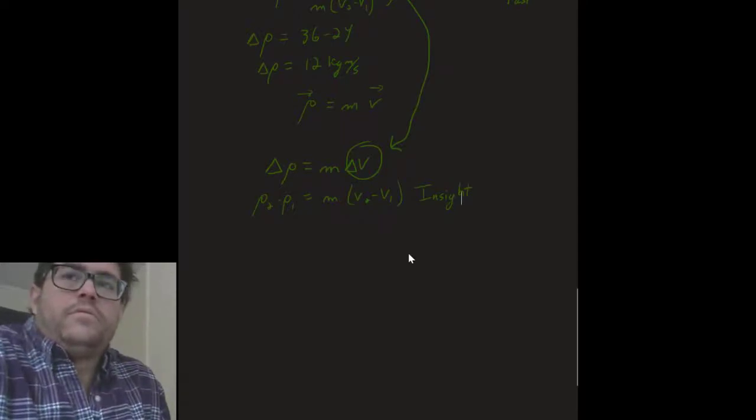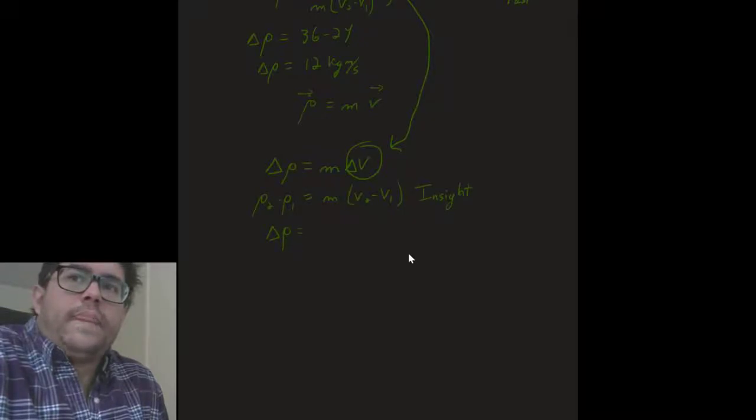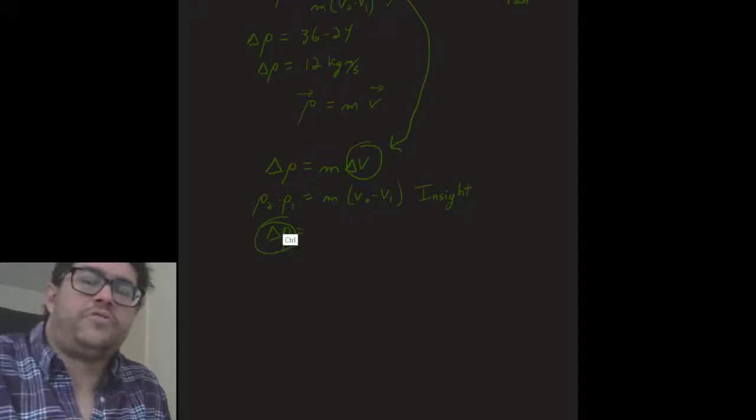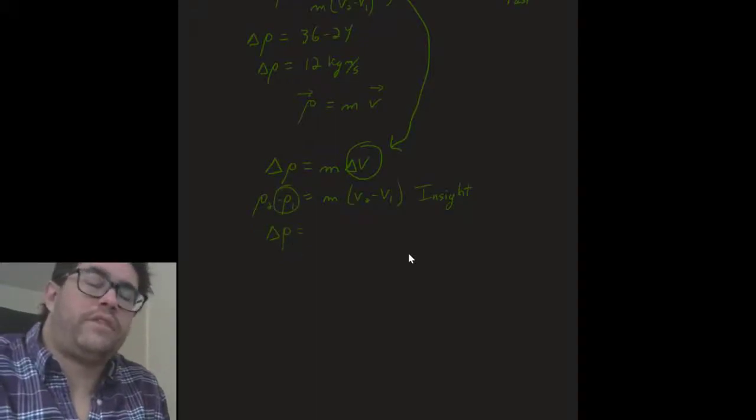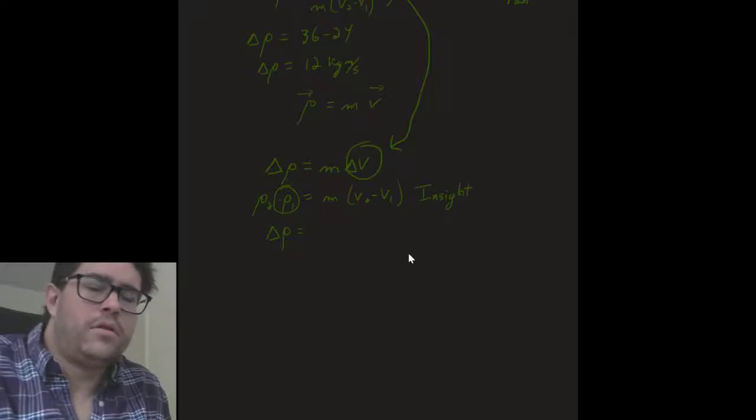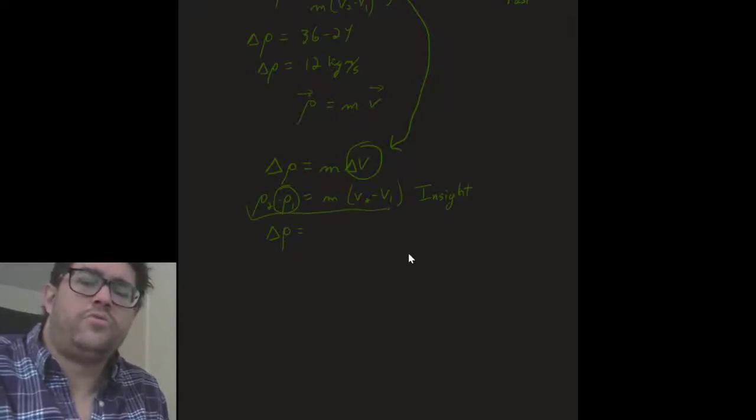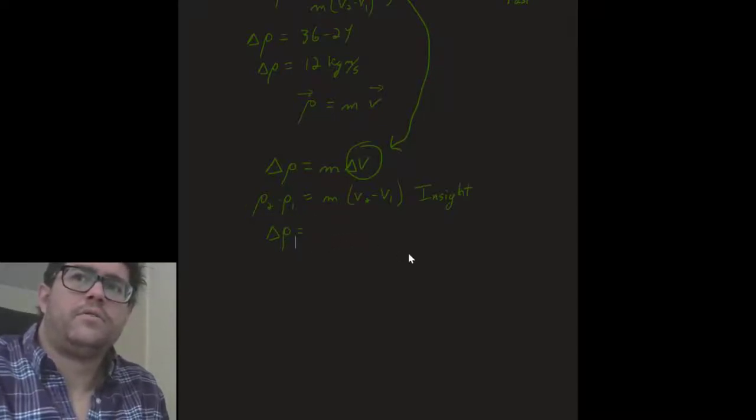But if we're asking for the change in momentum, then we're asking for the change in momentum. If we're asking to find P2, then we have to give you P1. But you could reuse that formula instead. So if you're looking for actual P2 when you have P1, you can find that.